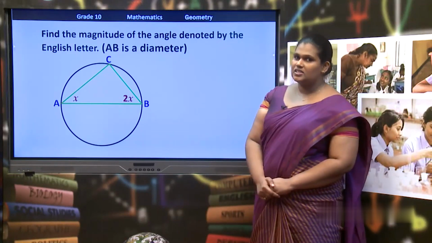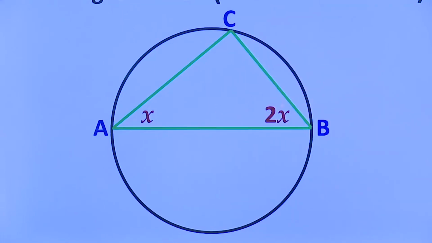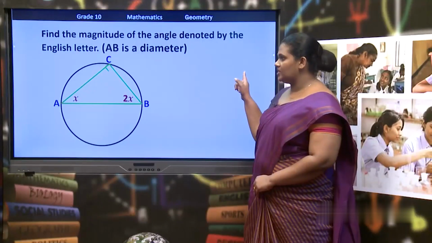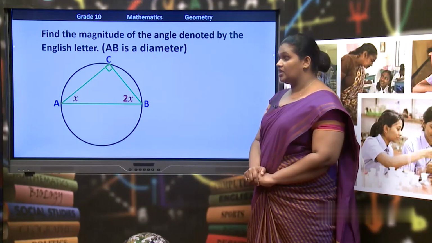Therefore, I can consider angle ACB as an angle in the semicircle. So, the magnitude of angle ACB can be taken as 90 degrees according to the theorem we have learned. Angle ACB is a right angle, so it is equal to 90 degrees.